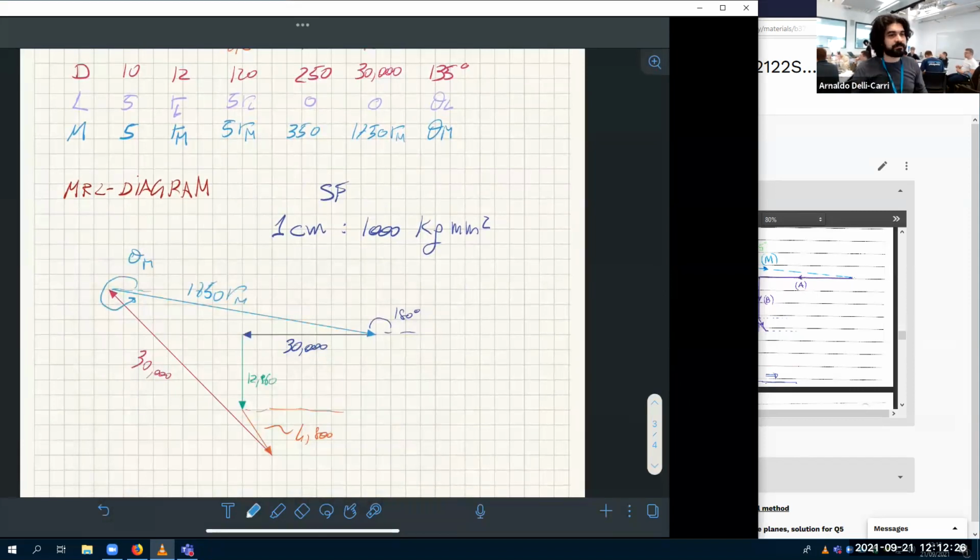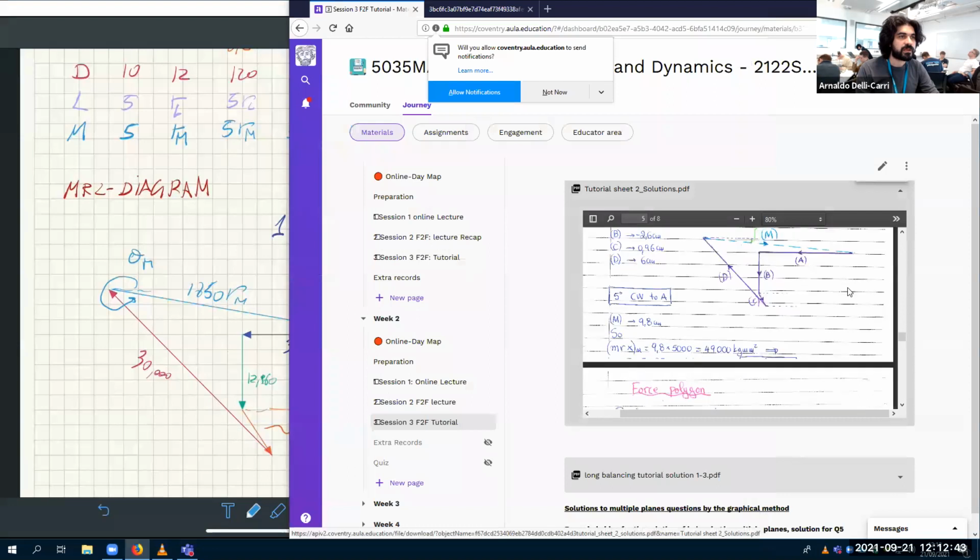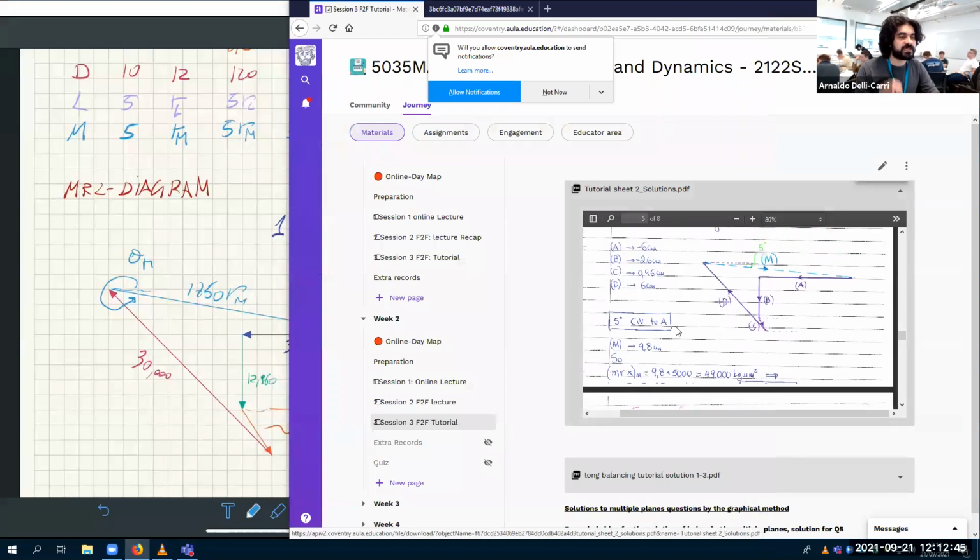So you know that RM in this case is whatever the value of 1750 RM divided by 1750, which is equal to, according to the solution, 5 degrees clockwise to A. That means it's 355.